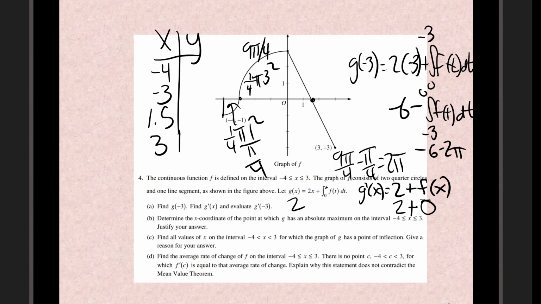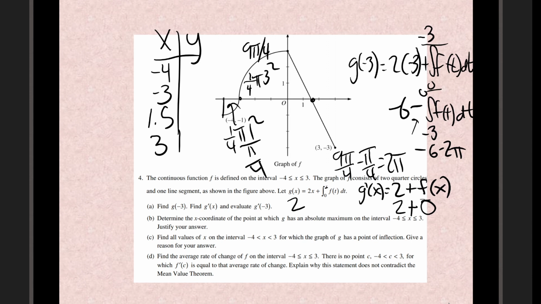Why is it -2 pi and not plus 2 pi? Specifically because it's the integral from 0 to -3. And I flipped it to be going in order from smallest to biggest, which is how integrals normally are. And that's why I got a negative integral.